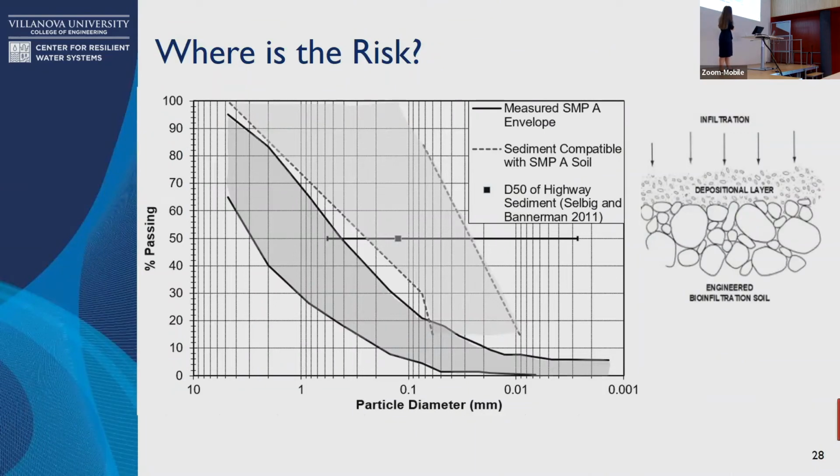Here we've got our measured envelope shown in the darker shade, and then our sediment that's compatible with SMPA. And then of the sediment that we collected, the D50 is shown in the bar going across the top. So you can see that we've seemingly happened upon a really compatible sediment.